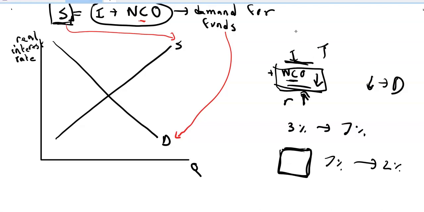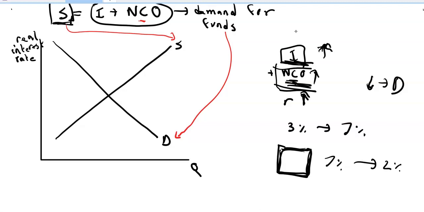Definitely, more people will be willing to invest within America. And also, some people may find that there's too low an interest rate, or foreigners might find it is too low. So NCO will also become less negative. As a result of that, it may actually go up.